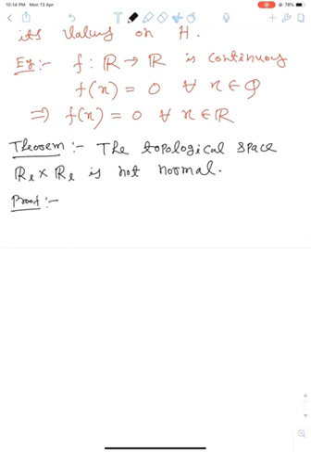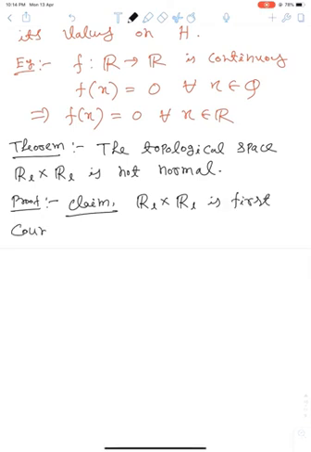First we recall a few properties of RL cross RL. The first one is that RL cross RL is first countable. It is easy to see that it is first countable.